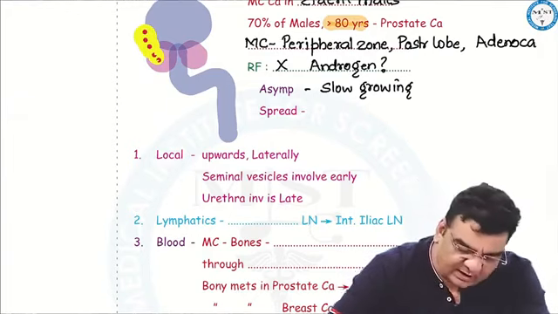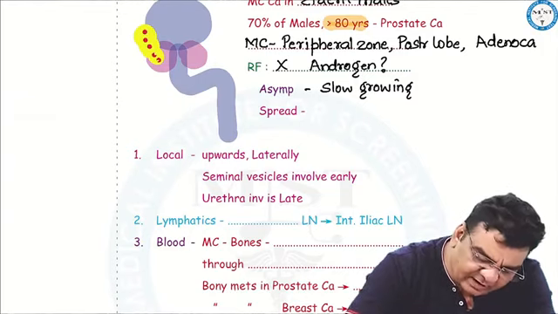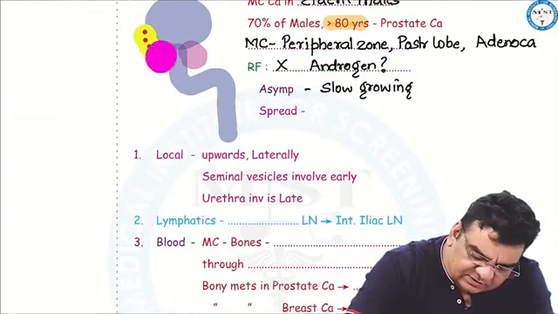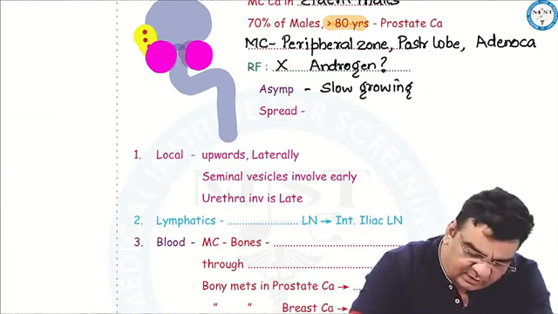locally. It spreads upwards and laterally, like in this particular picture. If I try to demonstrate better, suppose this is the prostate gland which is situated on either side of the urethra.